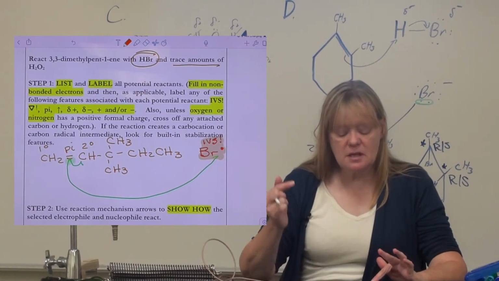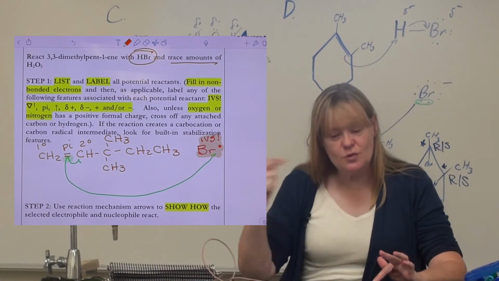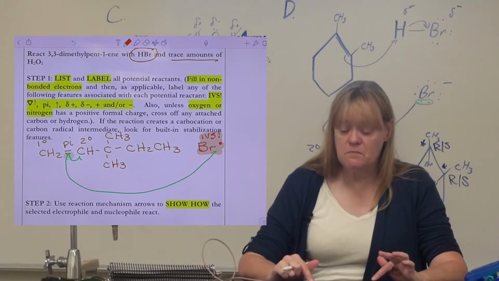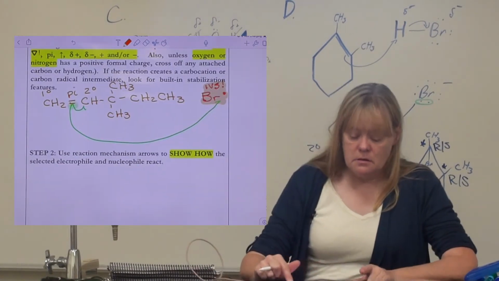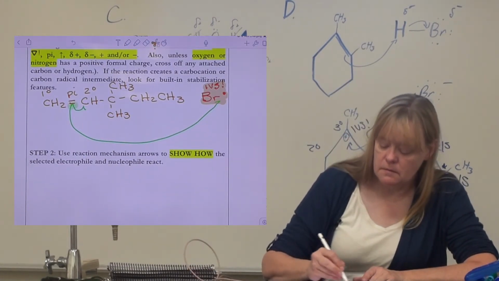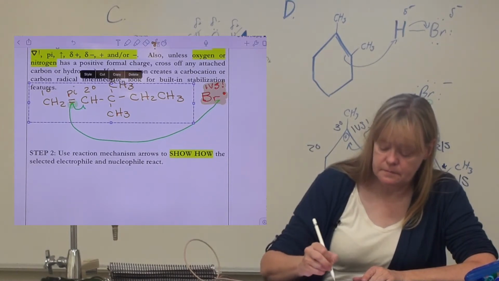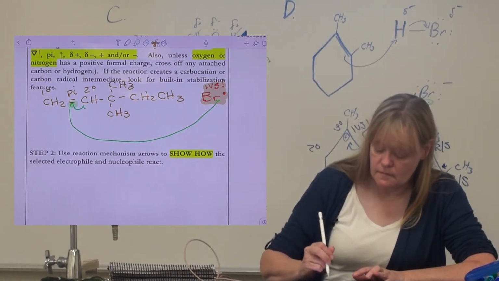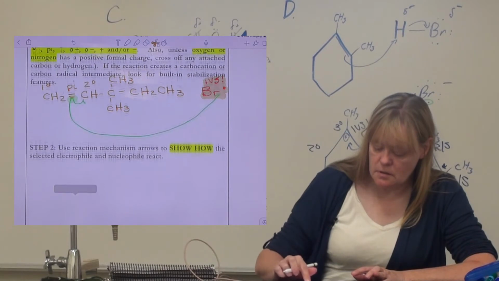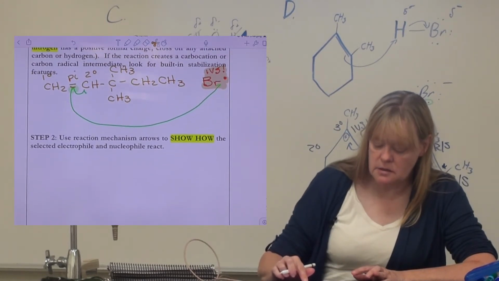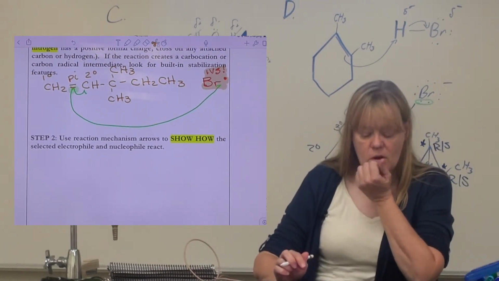And I said it strips the electron. That's not quite right. It's going to use the electron to form a bond. So I've shown the reaction and the labeling both in that one step.